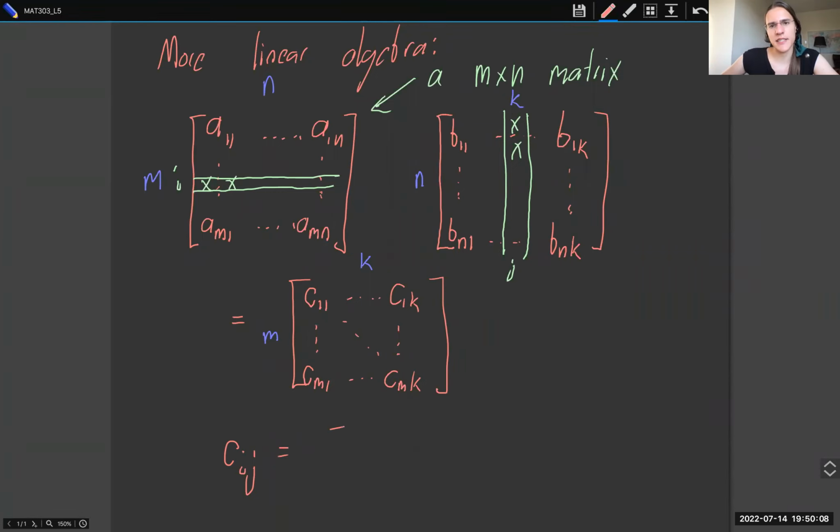It's going to be the sum over some third index, L, as that ranges from 1 to N, which is the dimension that isn't in the ranges of these. And then we're going to multiply A, well, the row here is fixed.